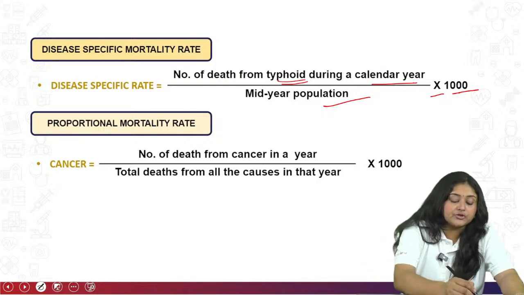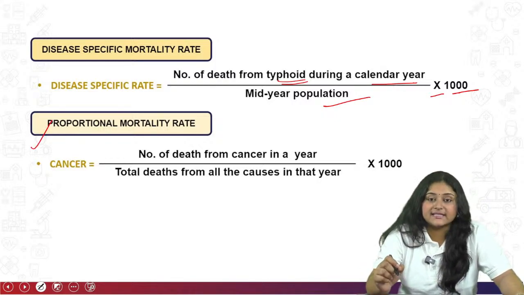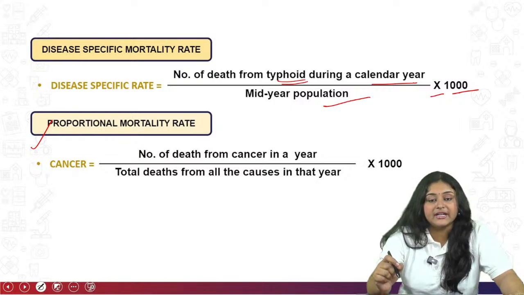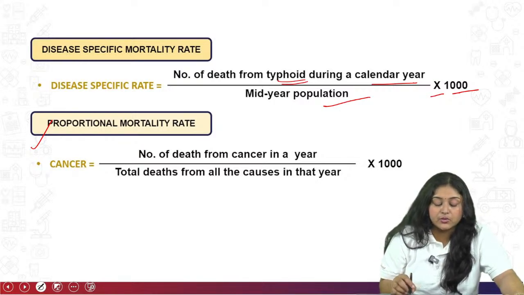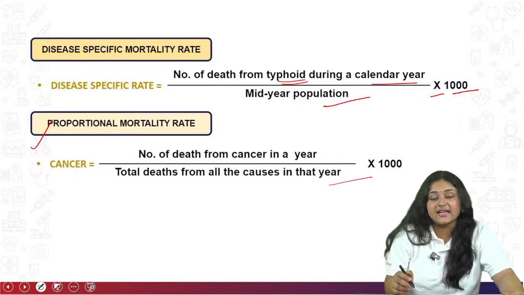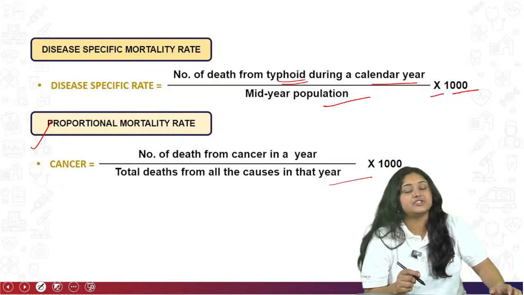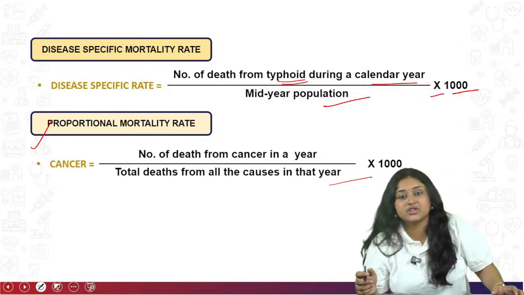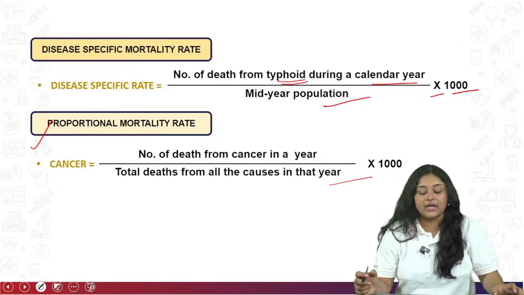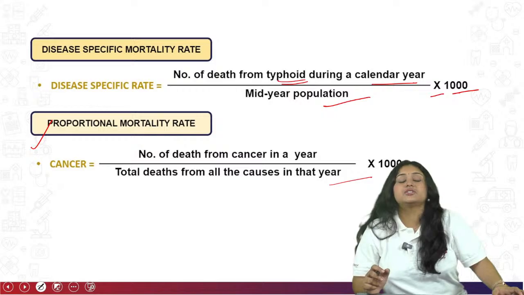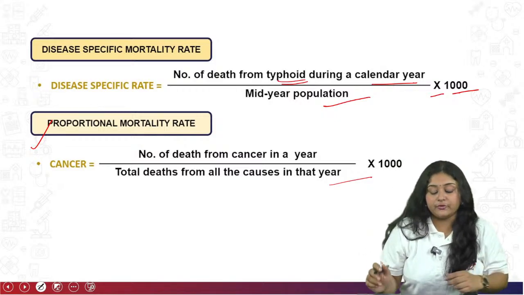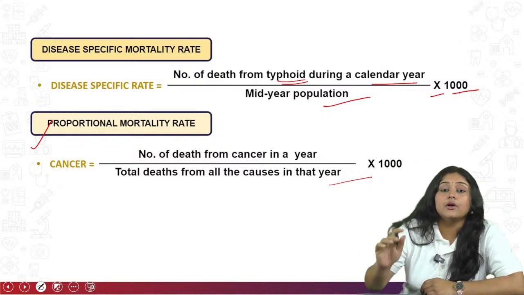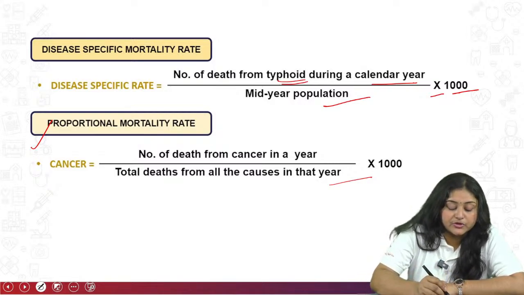Now come to the proportional mortality rate. As an example, cancer. Okay, so the number of deaths from cancer in a year, divided by the total deaths from all causes in that year, should be multiplied by 1000. So proportional mortality rate is mainly used to look at the trends of disease. Suppose some patients died of diabetes mellitus. So how are you going to check the proportional mortality rate?